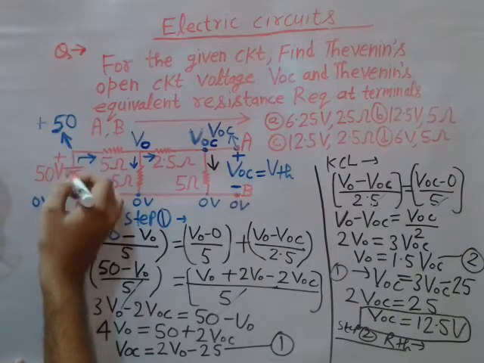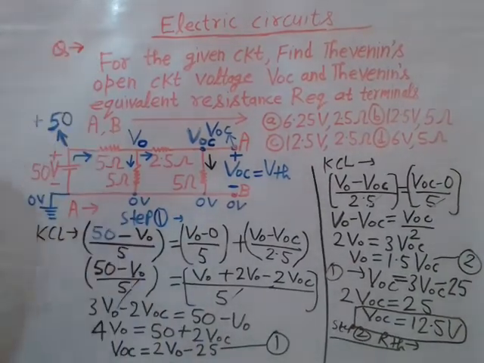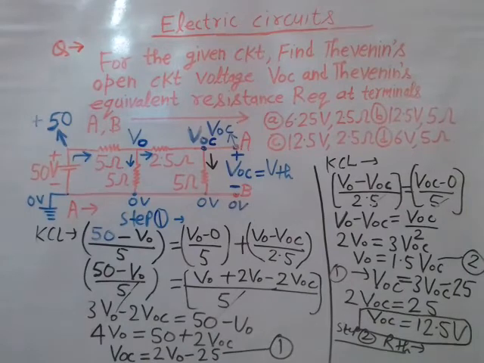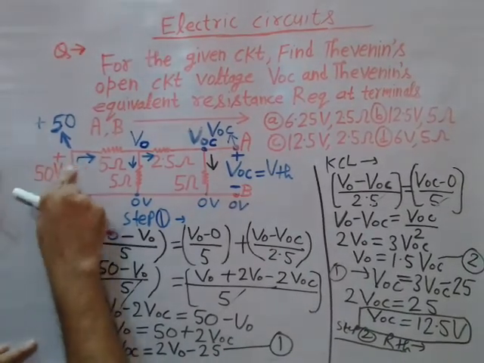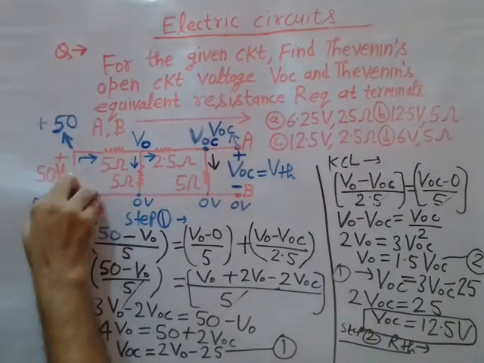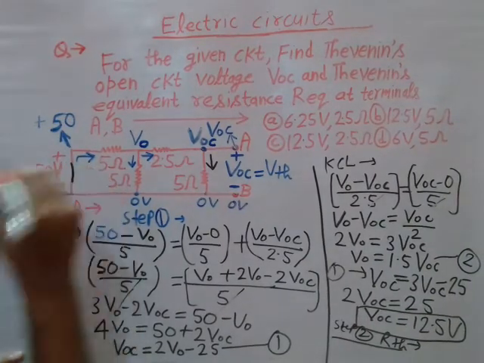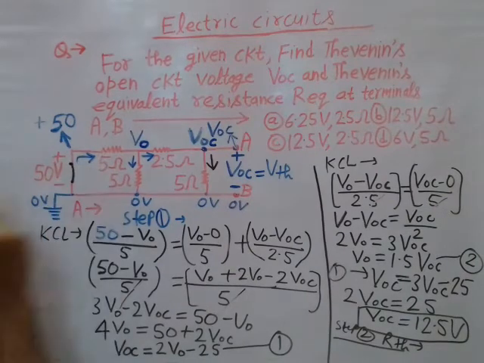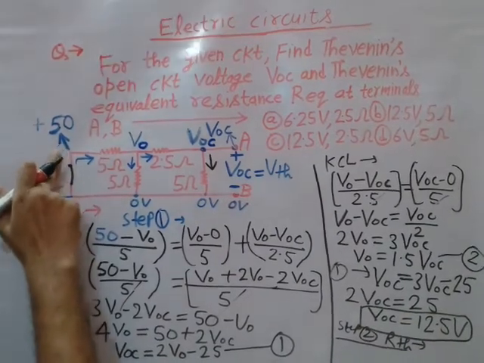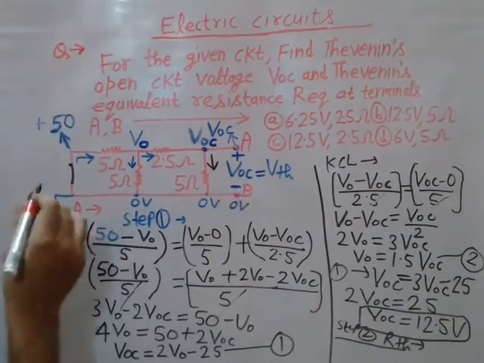So to deactivate it, you will make it short circuit. So when you short circuit this, you will short it, right? I have basically shorted this point and this point. So now it is nullified, it is deactivated.